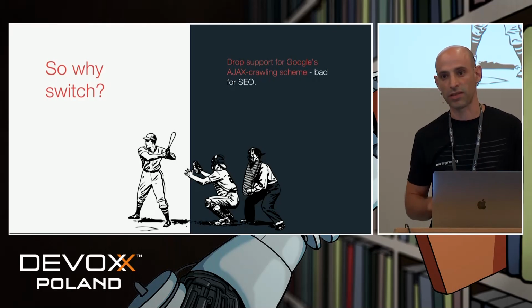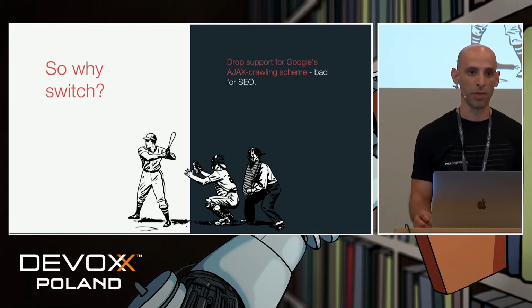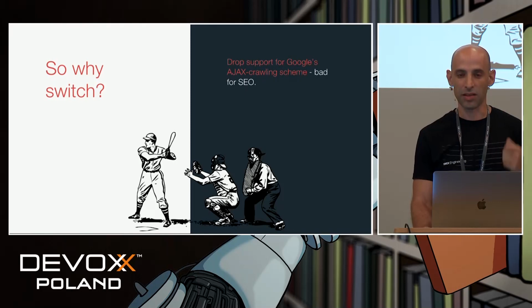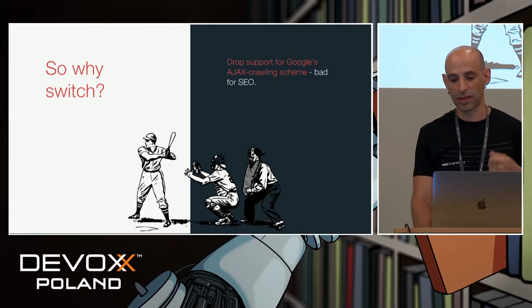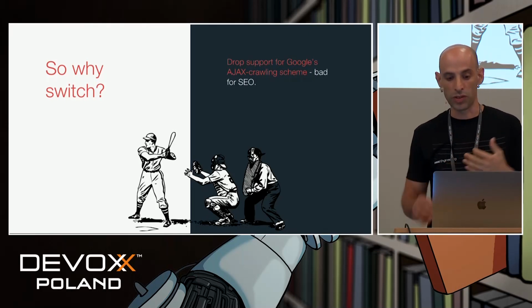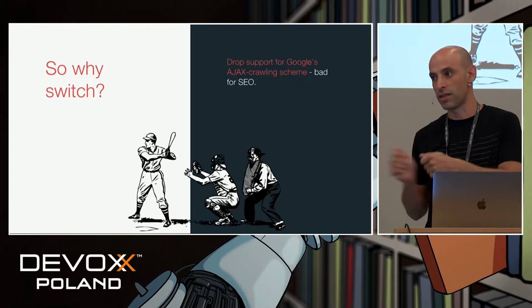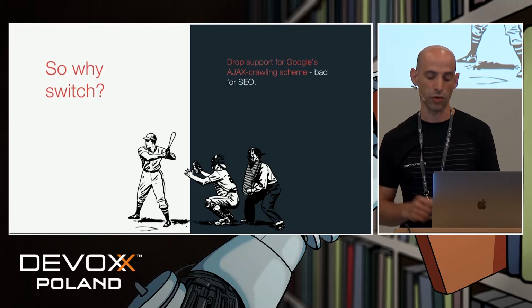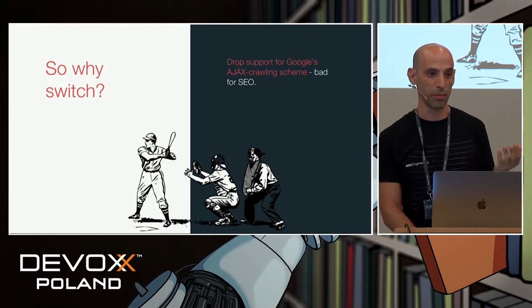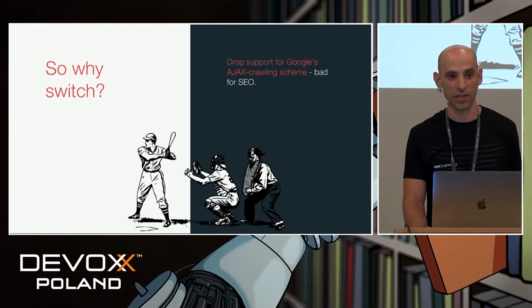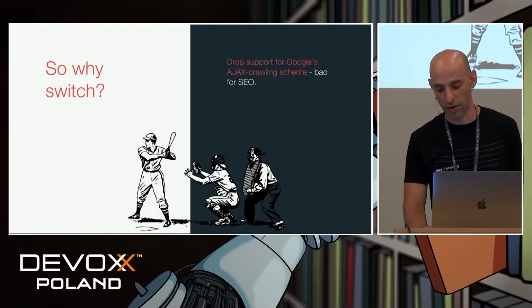If you have a site that is dynamically built on the client, it's hard for Google and other search engines to index it. We use Ajax crawling, which gives the crawlers a different version with all of the data. And if Google dumped the way that we index our sites, it would have been very, very bad for business.